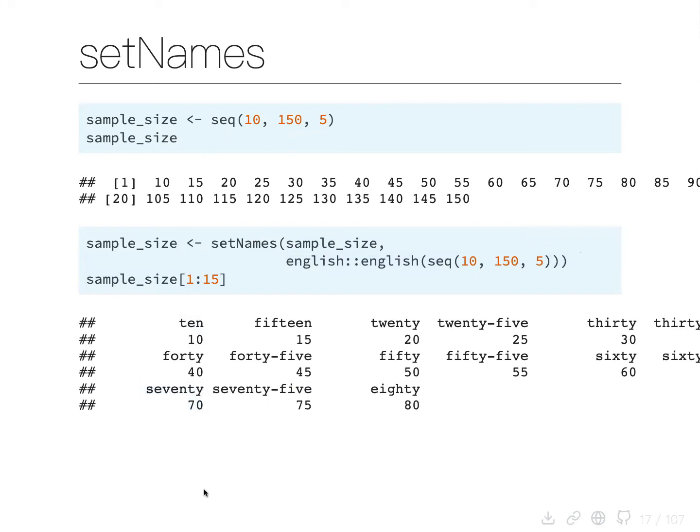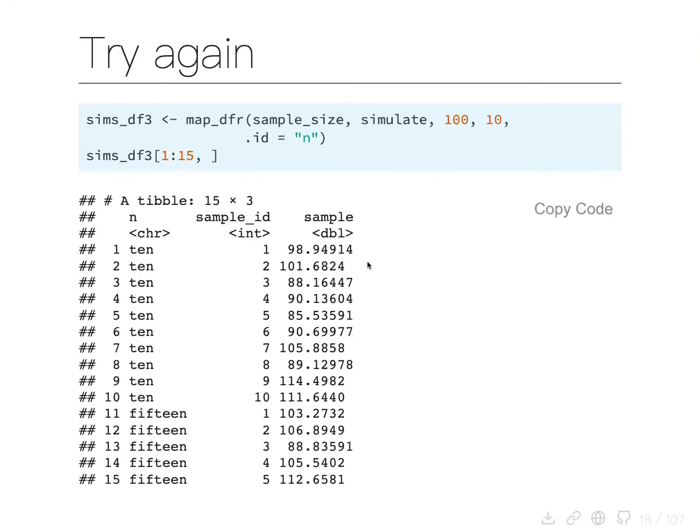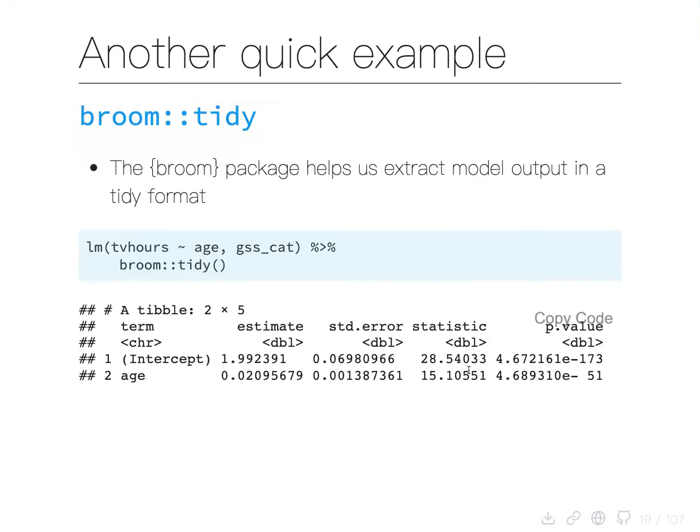So now the vector I'm looping through actually has names. So when I use that .id argument, it provides the name now instead of an index. Instead of saying 1, 2, 3, 4, it's saying 10, 15, 20, 25, 30, etc. This turns out to be super, super useful in all sorts of different cases.